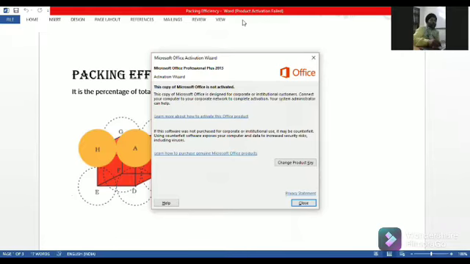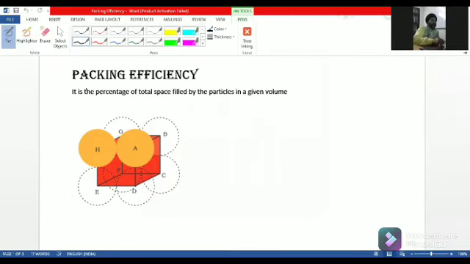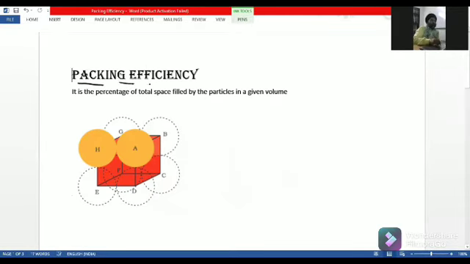Today in this video, we are going to learn how to calculate the packing efficiency of different types of unit cell. So first of all, what is packing efficiency? Packing efficiency is the percentage of total space filled by the particles in the given volume.